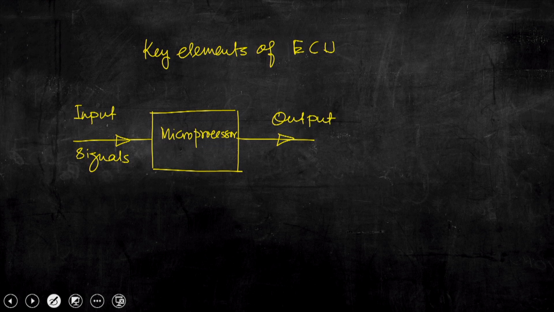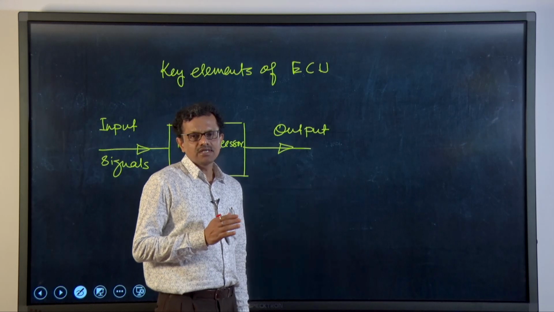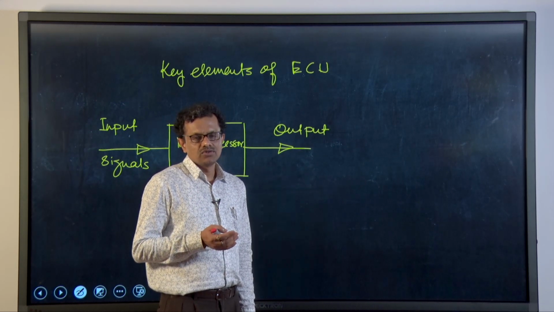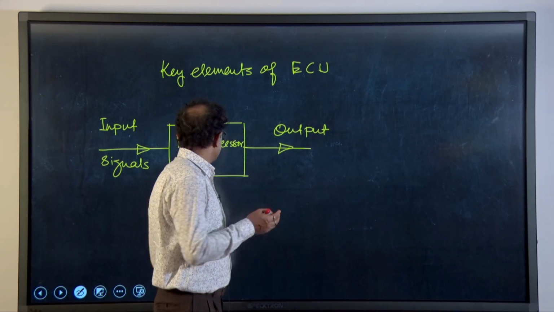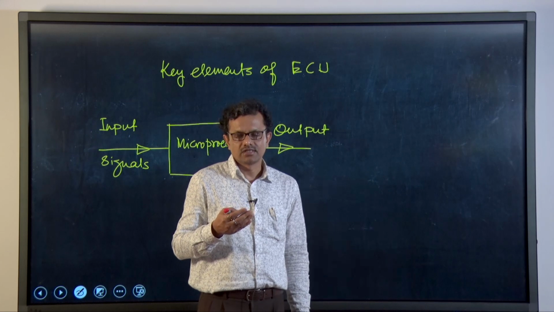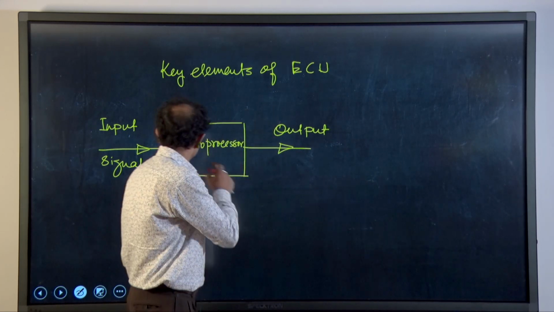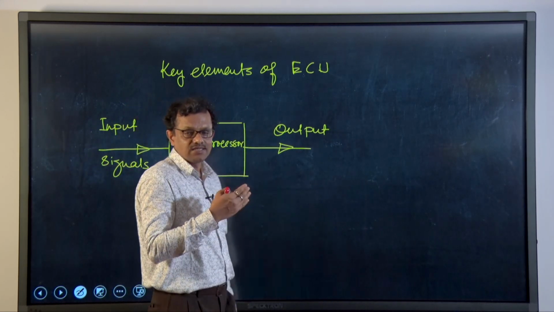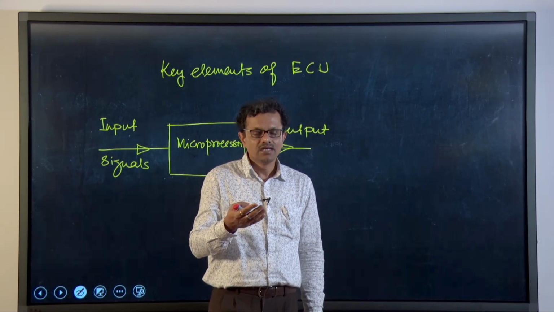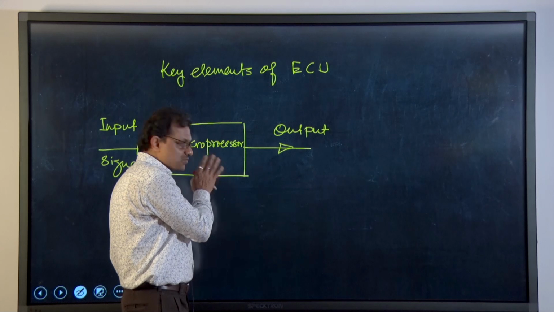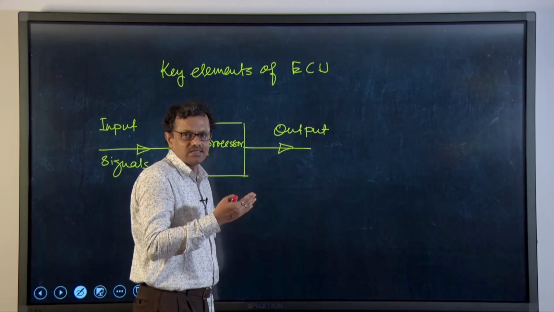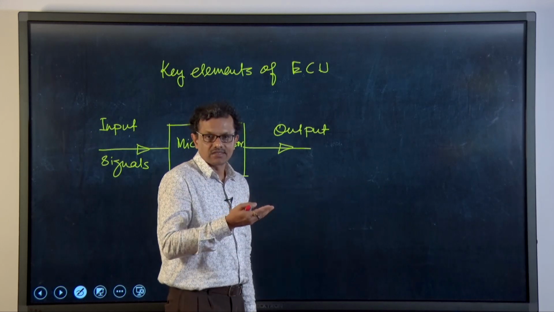But let me tell you one thing, microprocessor cannot store data or information. But receiving some input signals, typically those signals will be coming from different sensors and those are electrical signals, microprocessor should do some calculation and then will take a decision what to do next.